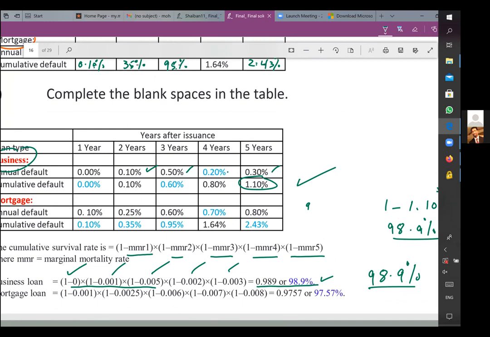The 69% here is the difference between the 95 basis points, excuse me, and the 1.64%. So this is actually 69, if I'm not mistaken. 69 basis points.